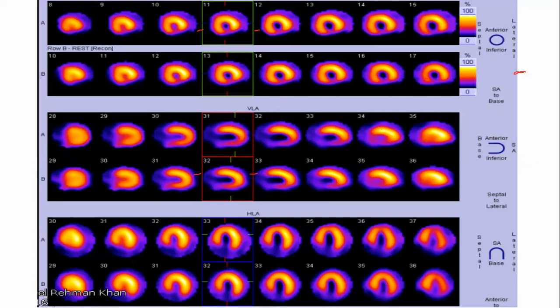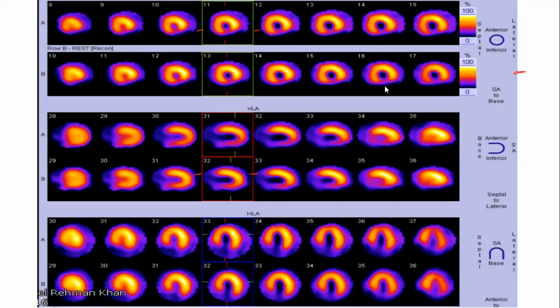So you have told the size of the defect, the location of the defect, and the severity of the defect.